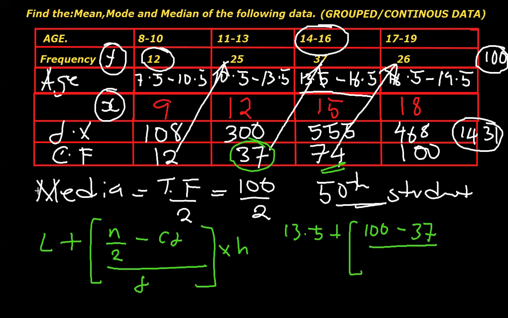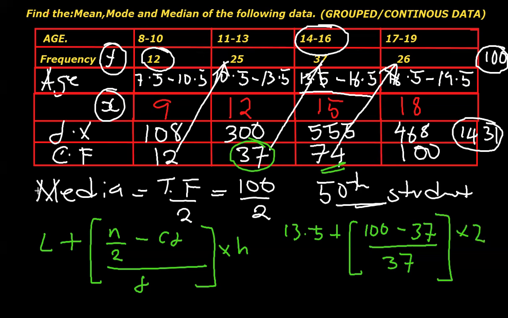That's 37. Then close the bracket and multiply by the class width. What's the class width of the median class? We get 16 minus 14, and that gives us 2.